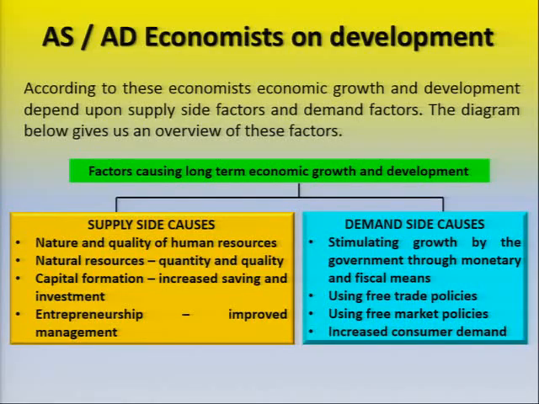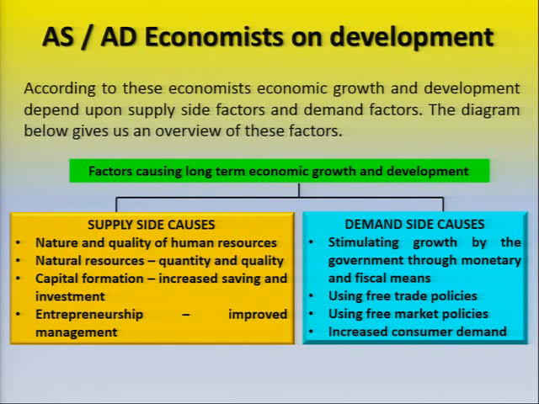Let's look at this. I don't know whether this is yellow or orange, but this is the block that contains the supply side factors. Those supply side factors are the following: the nature and quality of human resources, the natural resources, both the quantity and the quality, capital formation, increased savings and investment, entrepreneurship, improved management.